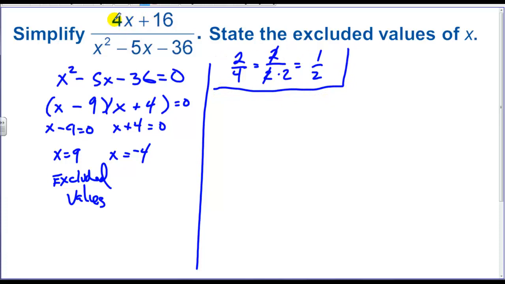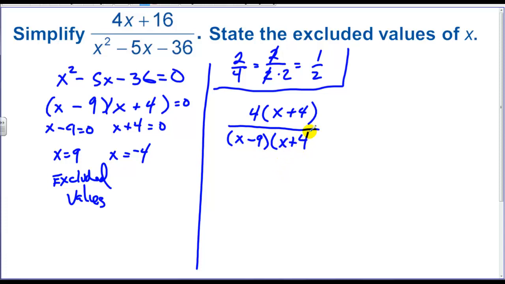We're going to do the same for this more complicated one. I'm going to look at the numerator and see if I can factor that in any way. I notice there's a common factor of 4, which leaves me with x plus 4. And in the denominator, we notice this factors. Now I've already done that factoring over here to x minus 9 and x plus 4.